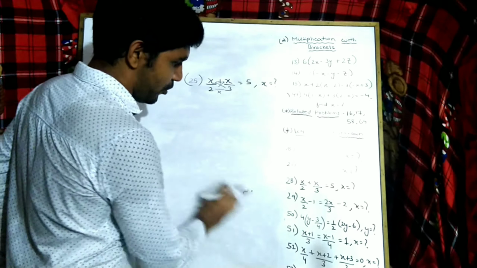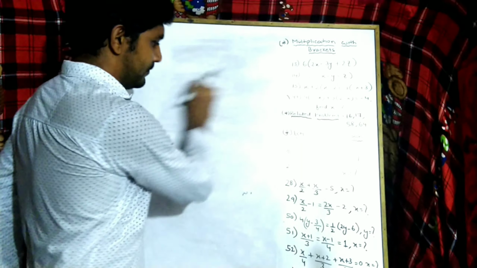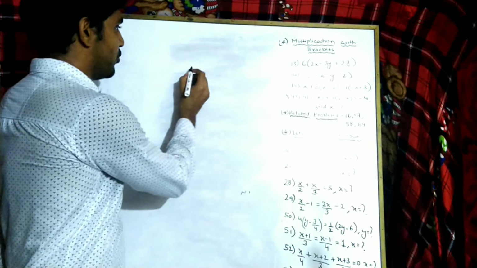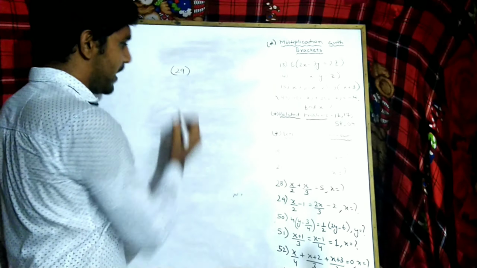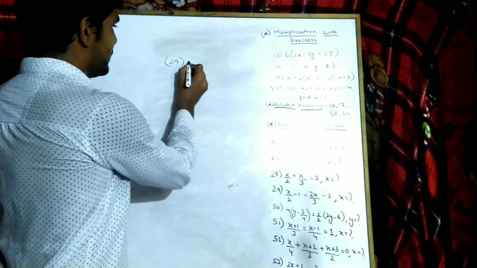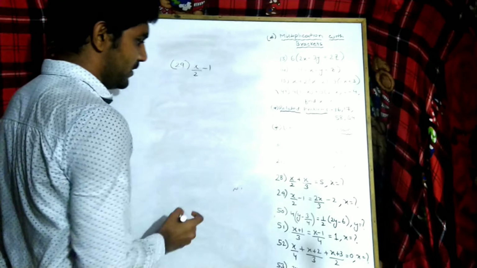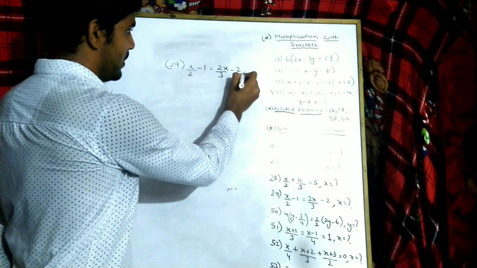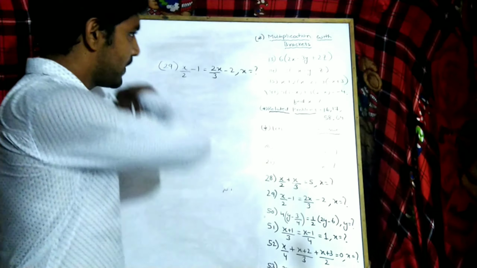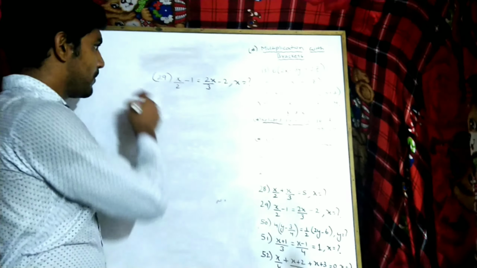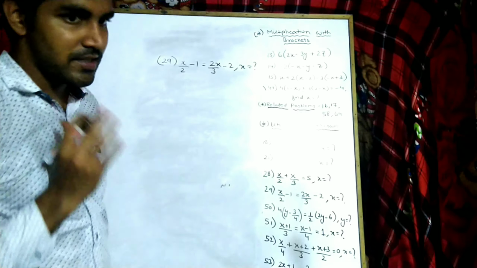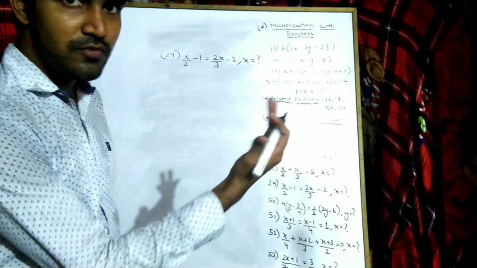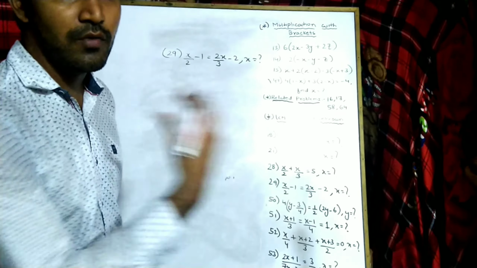Now let's go to the 29th problem. See, the 29th is also the same as 28. x by 2 minus 1 is equal to 2x by 3 minus 2. We have to find the x value. I always suggest variables on one side and numbers on the other side.